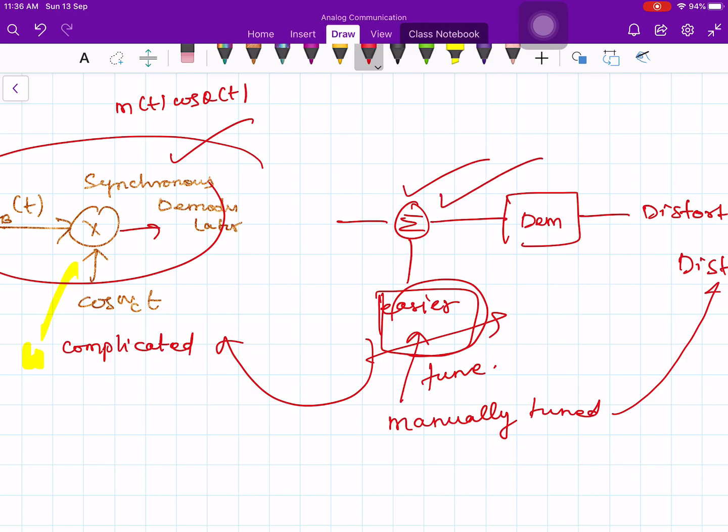If you do some analysis, you will find that the carrier reinsertion method is less sensitive to phase and frequency errors than synchronous demodulation. So that is why we always prefer the carrier reinsertion method over the synchronous demodulator, at least for SSB modulation.